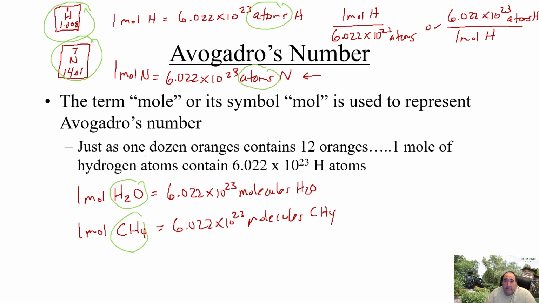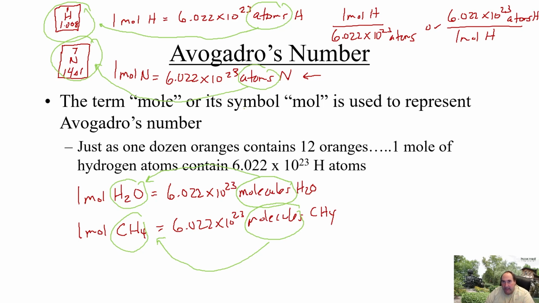CH4 is a molecule that has 2 or more atoms. They're both also compounds, not really necessary here, but the Avogadro's number unit changes to molecules here because we are talking about molecules rather than over here where we're talking about just the atoms. So that's really important as well, the difference in the units.